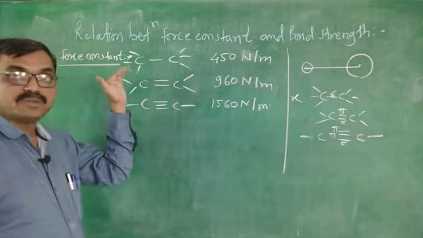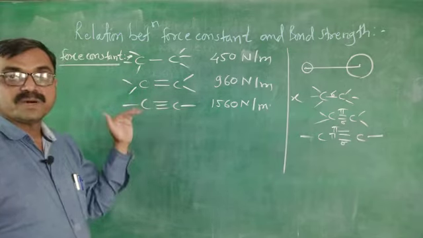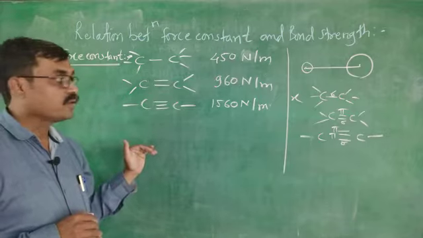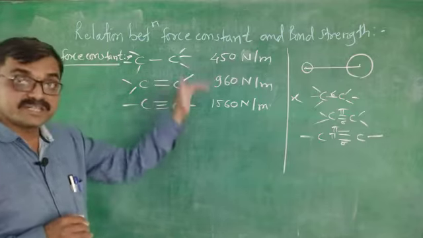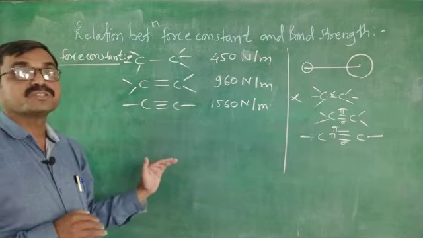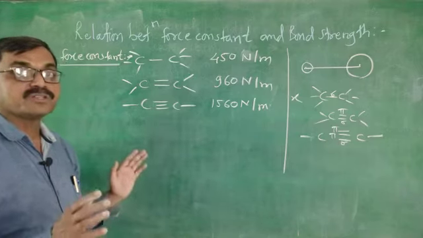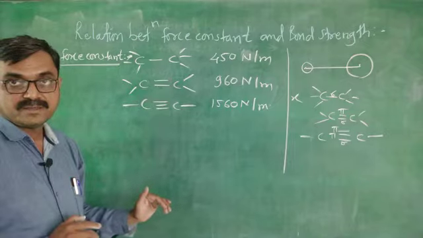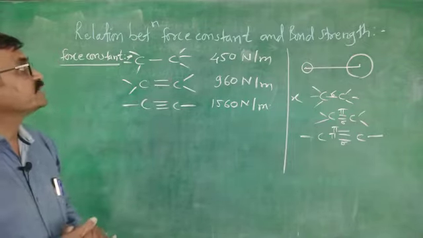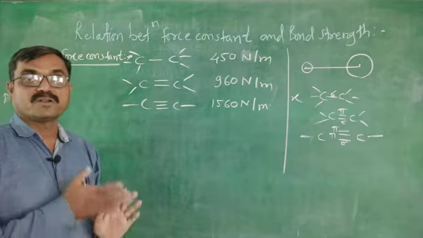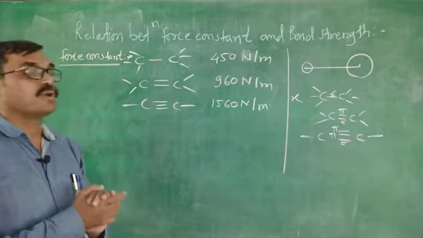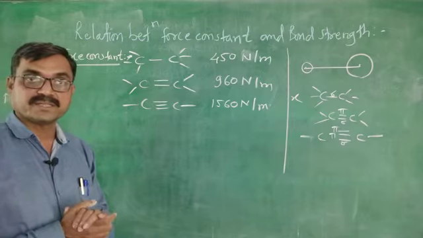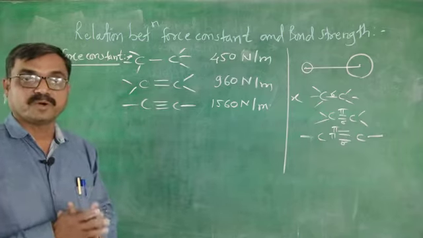No doubt the bond order increases, but due to the increase in the bond order, the force constant also increases, because the restoring force per unit displacement also increases. Now from this it is clear that as bond order increases, as bond strength increases, restoring force also increases. This is a very important point.